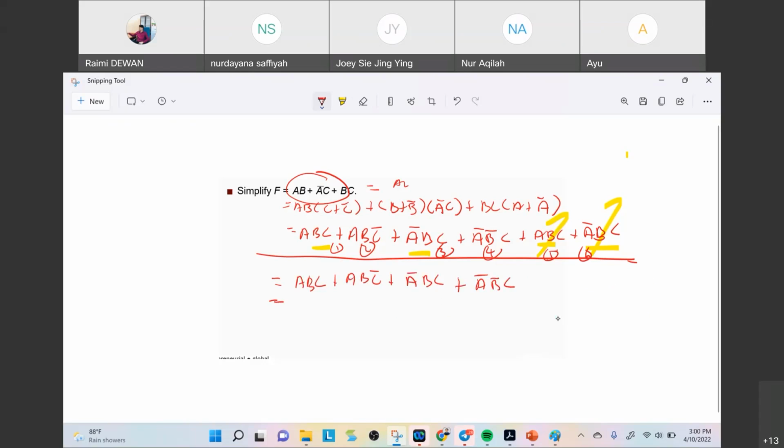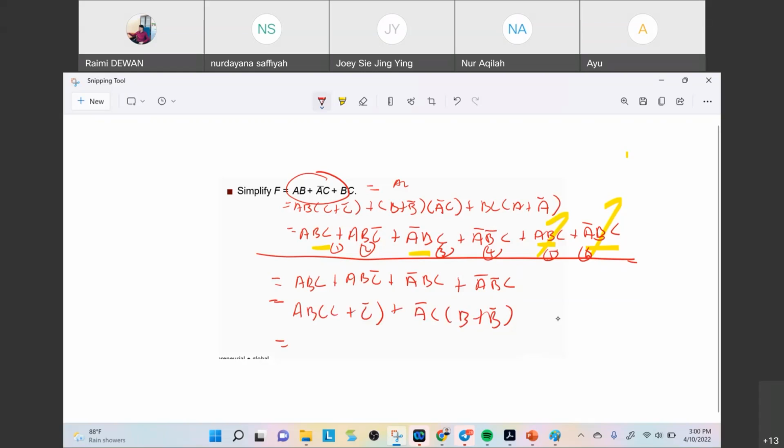So then you can have, you can see this one A B bar, A B bar. What else? A bar B C, A bar B. A bar C, B plus B bar. Then this one is A B C plus C bar.